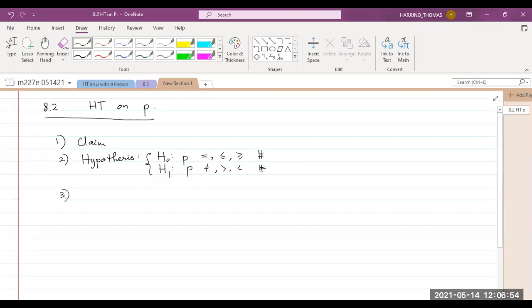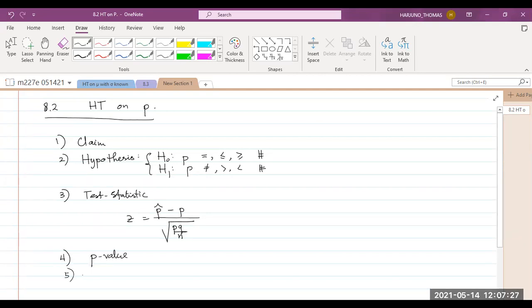Step 3, the test statistic, we will use the standard normal distribution. And the formula is Z equals P hat, the sample proportion, minus the claim proportion, over square root of PQ over N. Step 4, P value, just like before.